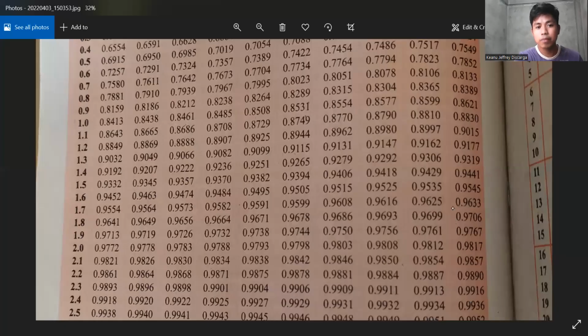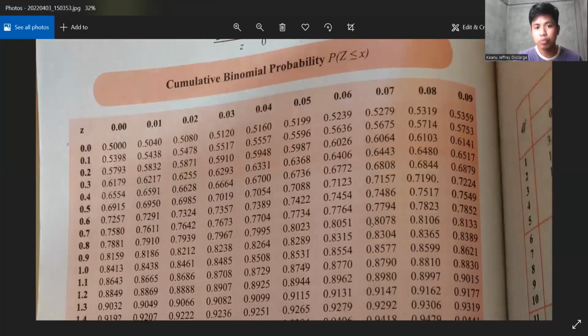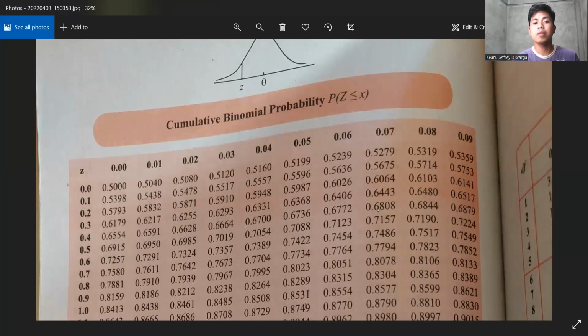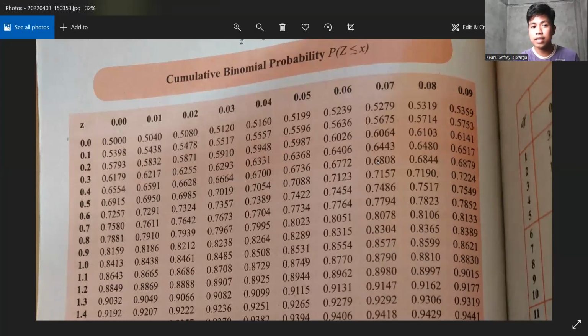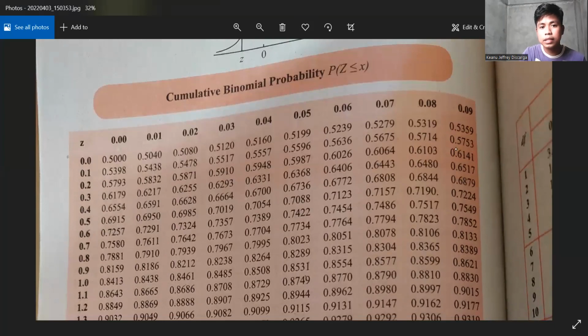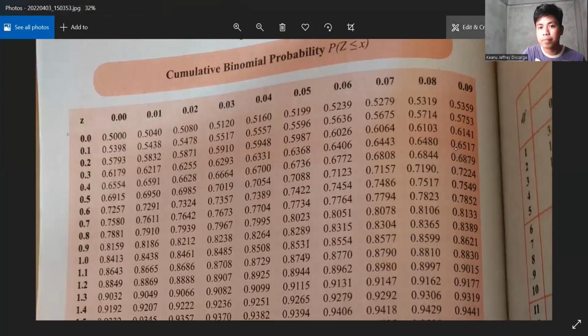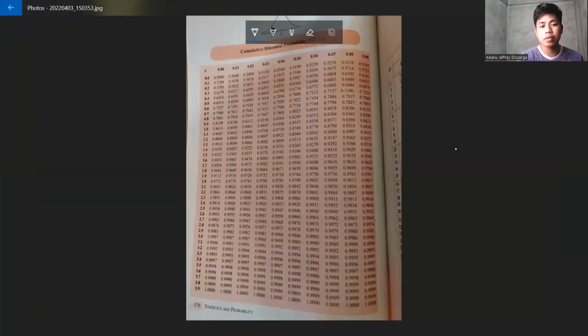Okay, so this is the sample table that you will see in your book. This is the cumulative probability table. The value of z that we got is 2, right? So this one, this is the value of z. When you look for the value of 2, you will find 2.0 plus 0.00.